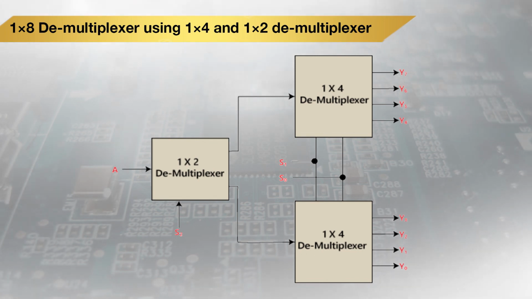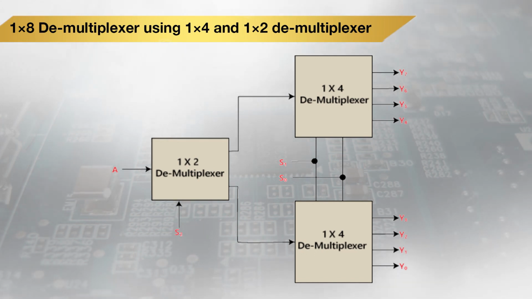Now these two selection lines will be S0 and S1. The input is connected to a 1x2 demultiplexer, and the outputs of this 1x2 demultiplexer are provided to the 1x4 demuxes. That is, the first output will be connected to the first demux and the second output will be connected to the second demux.